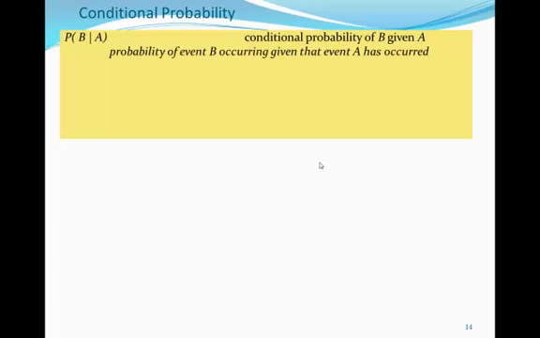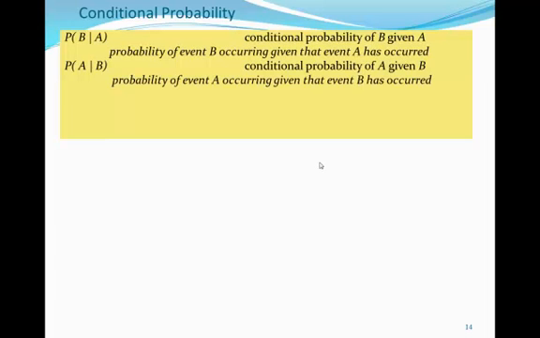Next thing, let's take a look at conditional probability. The conditional probability of B given A means we try to figure out the probability of event B occurring given that event A has occurred.